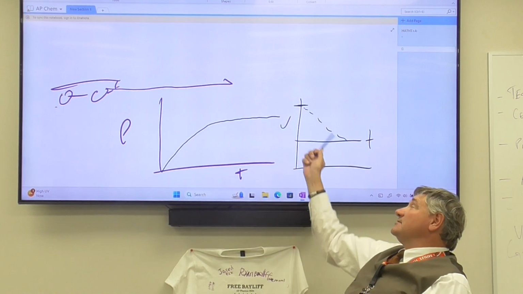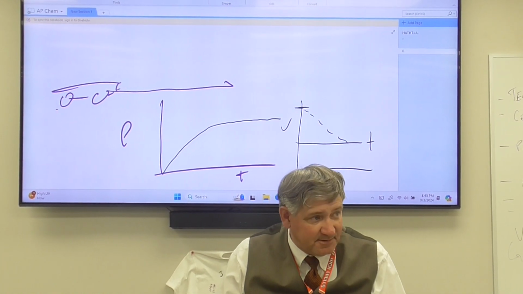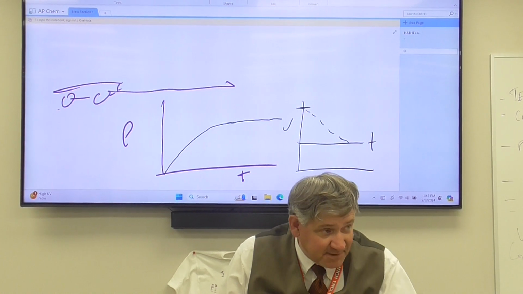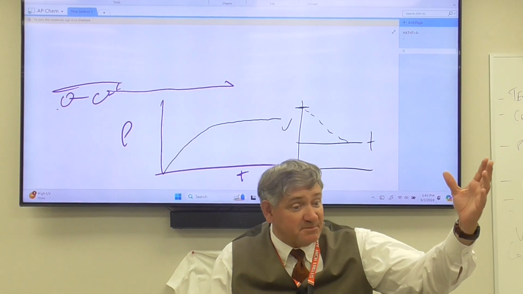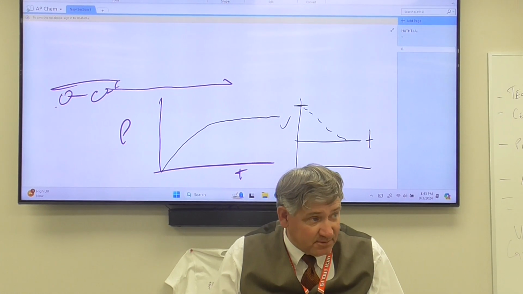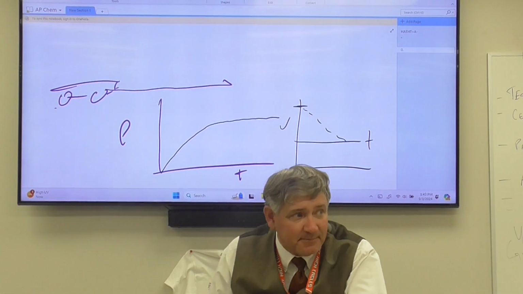So if Chuck's line is right, that means I'm applying the same force to the cart the entire time. Was the same force applied to the cart the entire time? No. Chuck, when was the maximum force applied to the cart? When it stopped, because initially it was slowing down just a little bit and then bam, stopped.